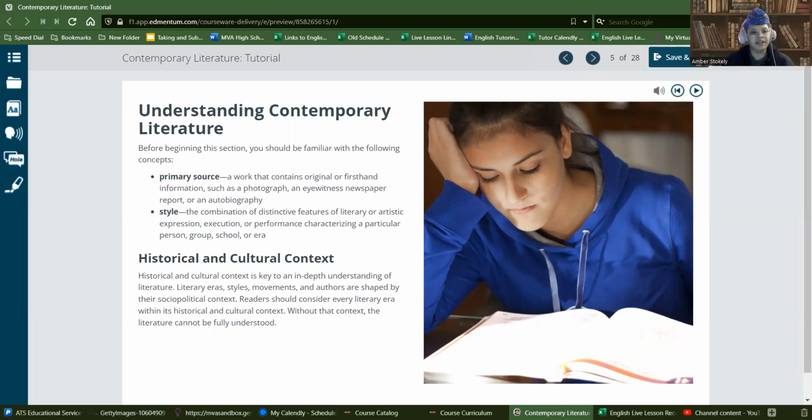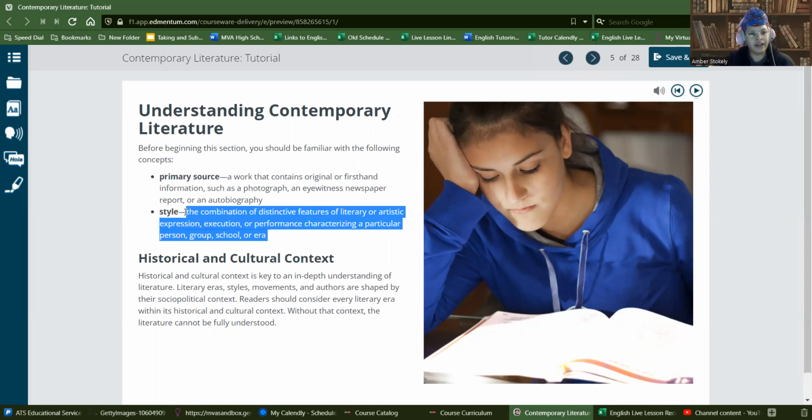It says the combination of distinctive features of a literary or artistic expression, execution, or performance characterizing a particular person, group, school, or era. Now, this definition is kind of the long way around, basically just describing the way a person writes.